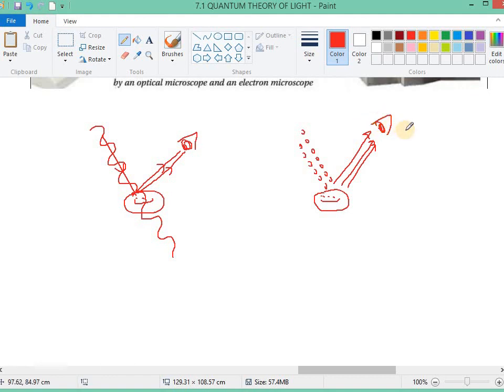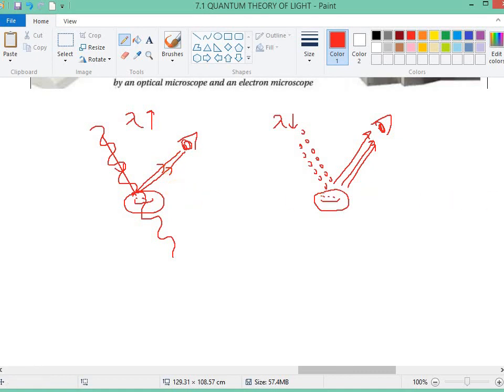So the detector which is connected to the computer will be able to analyze the reflected electron, and the computer can produce an image of a higher magnification of the red blood cell. Remember, this is due to the small wavelength of the electron. Small wavelength, it can reflect from small object. Long wavelength, it will be able to diffract, pass through the small object, and only small amount can be reflected.